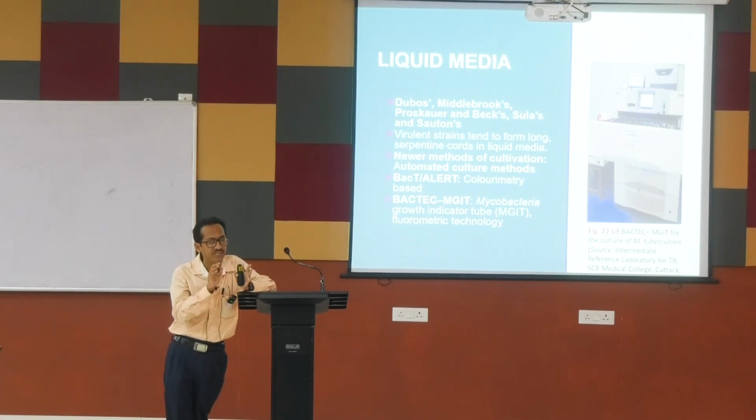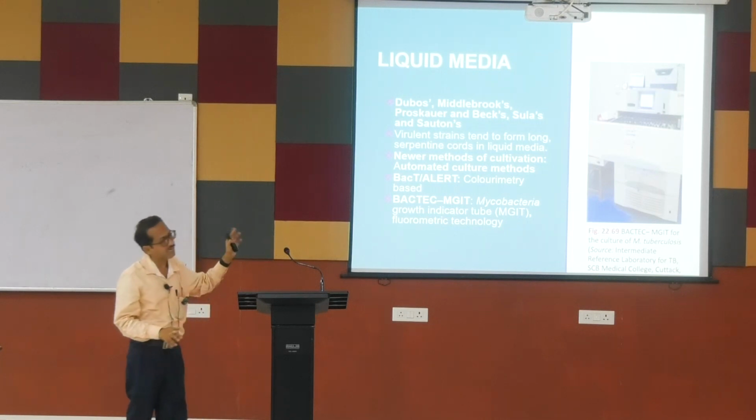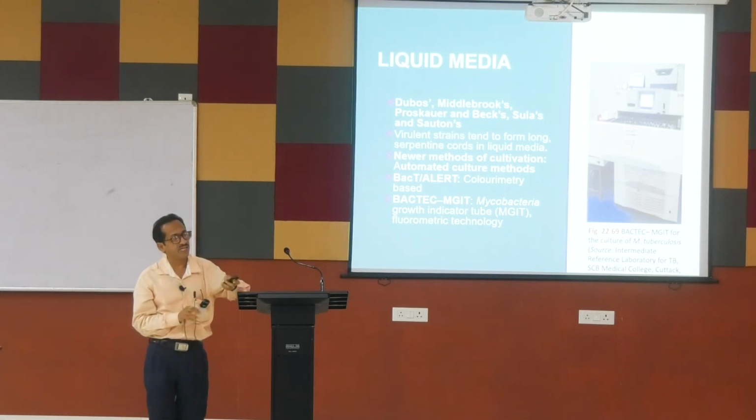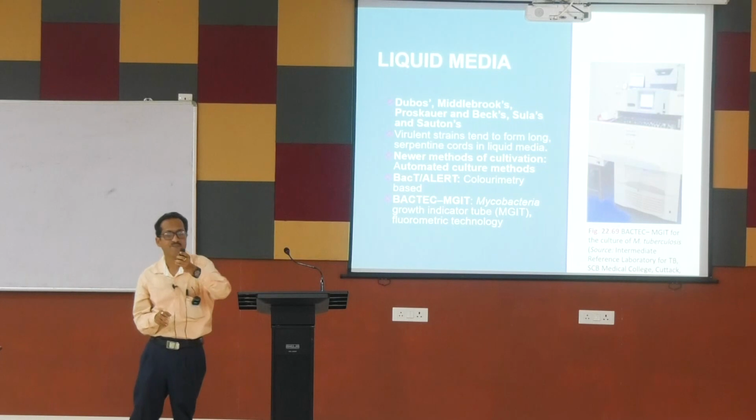But when mycobacteria grow, they consume the oxygen and carbon dioxide is liberated. That's why the quenching effect of oxygen is lost and there will be fluorescence. That is the principle of BACTEC MGIT. This can be asked: BACTEC MGIT, liquid media, what is the principle?